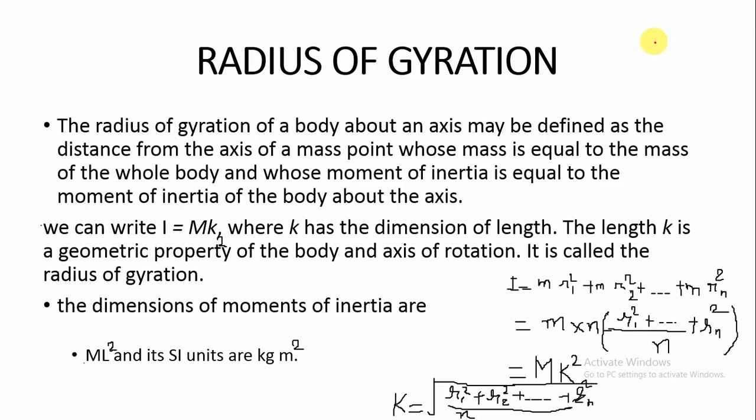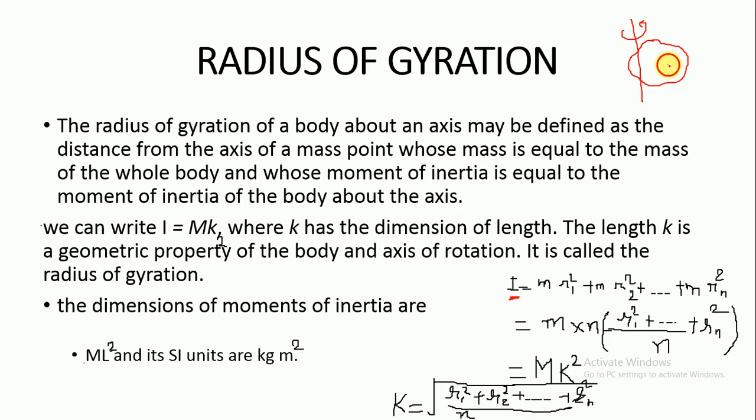So let us consider one body here, and let us consider this is the axis of rotation. I know this moment of inertia is I. If all the particles have the same mass m, I can write mr1 square, mr2 square, and so on till mrn square.